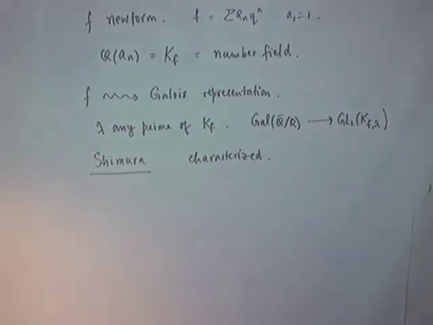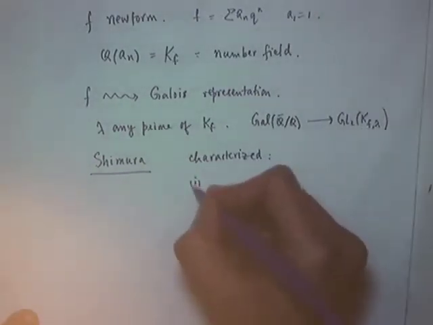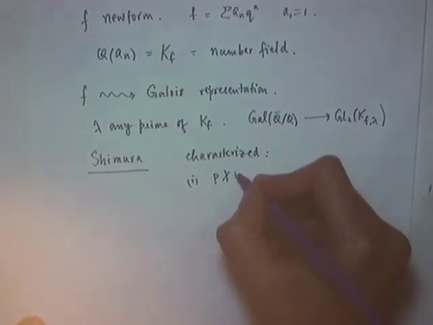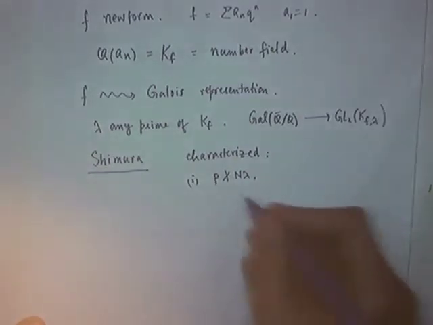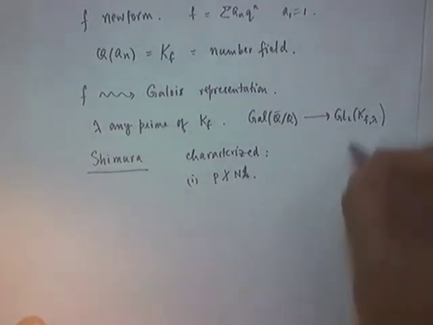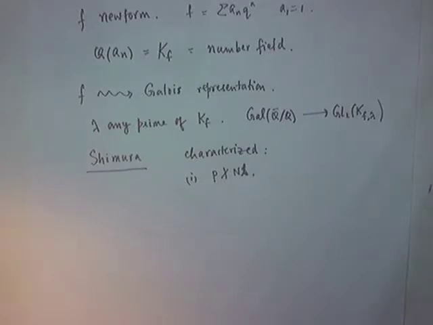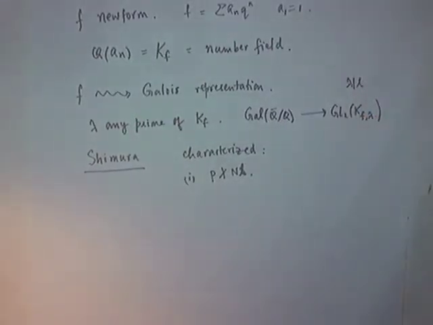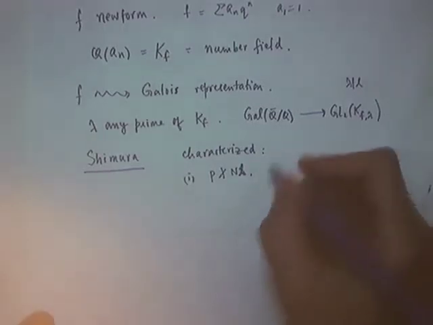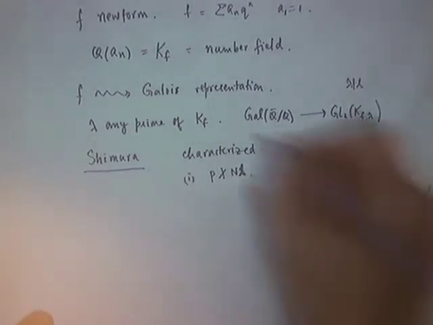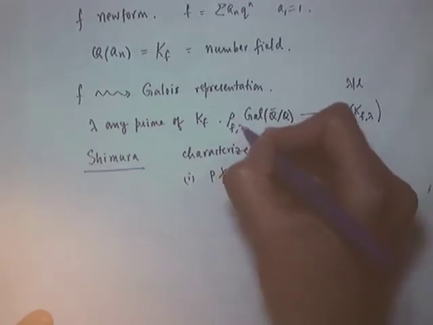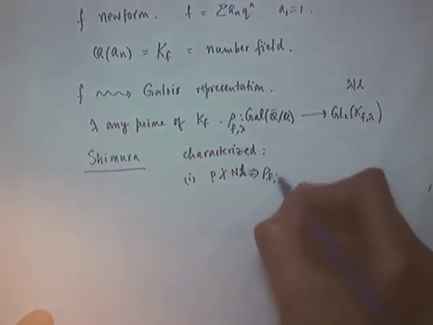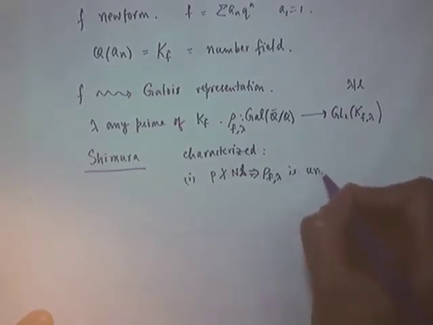Firstly, if I take a prime p which doesn't divide N l, where l is the prime below lambda, so say lambda divides l in Q, then such a p is unramified. So call this representation rho_{f,lambda}. This implies that rho_{f,lambda} is unramified at p.